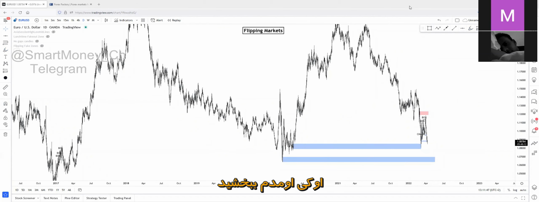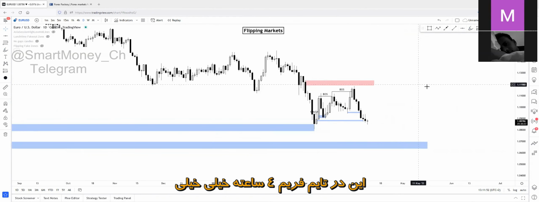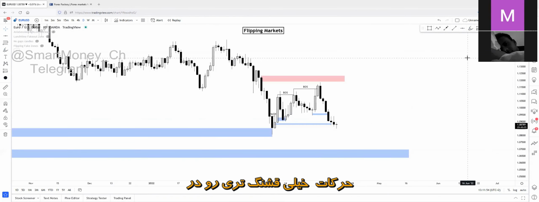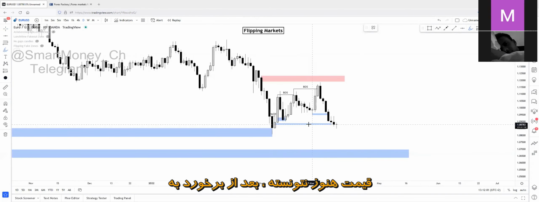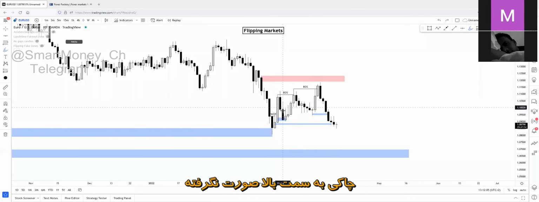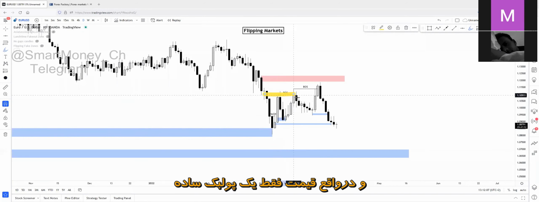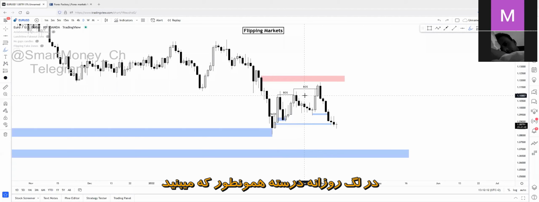Okay, I'm here, sorry. So once again, it will be much cleaner on the 4-hour chart, and you will see much cleaner results and direction there. But as you can see on the daily chart, price hasn't even changed character after a tap of this demand zone. There wasn't even a change of character to the upside, and basically price has created just a simple pullback of the daily leg, right?